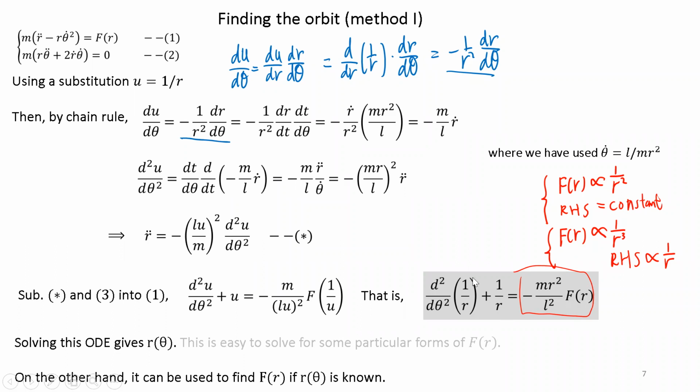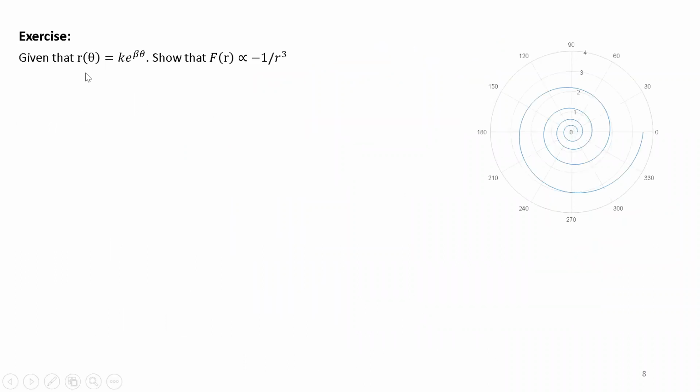You just need to compute these two terms together. So one example: if I give you this r as a function of theta given by this term, it looks like a spiral. Then we can show that the force is actually 1 over r cubed.